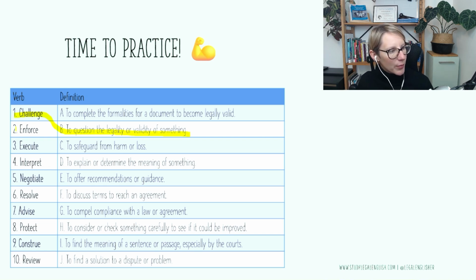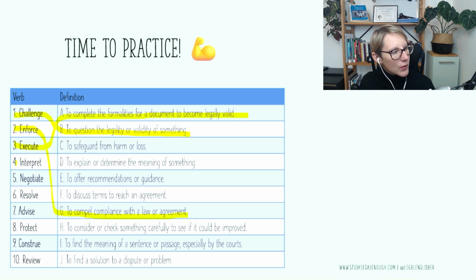Okay, then we've got number 2, to enforce. Really important word in legal English, to enforce: to compel compliance with a law or agreement. All right, to execute. You want to be executing your contracts, right? To complete the formalities for a document to become legally valid.